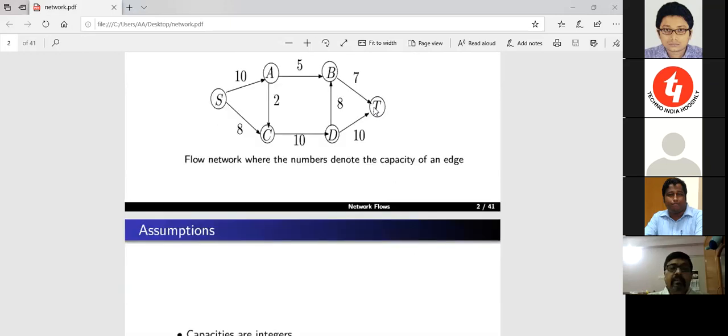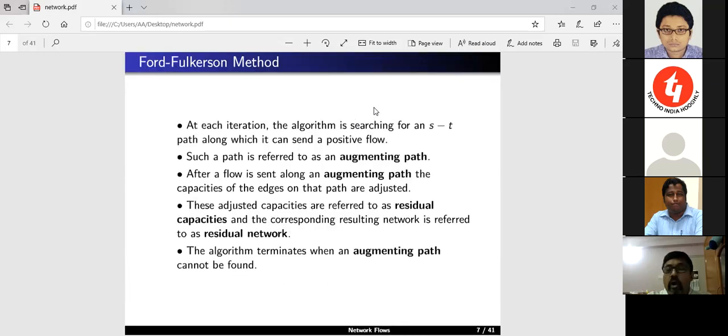So an augmenting path is a weak path in which there are two types of edges. Edges in the right direction are called forward edges, and edges in the opposite direction are called backward edges. Every edge has two values: the existing flow value and the capacity value.